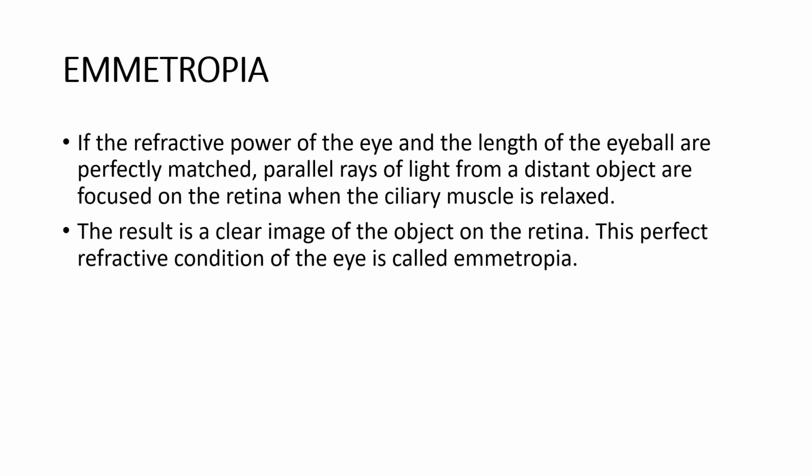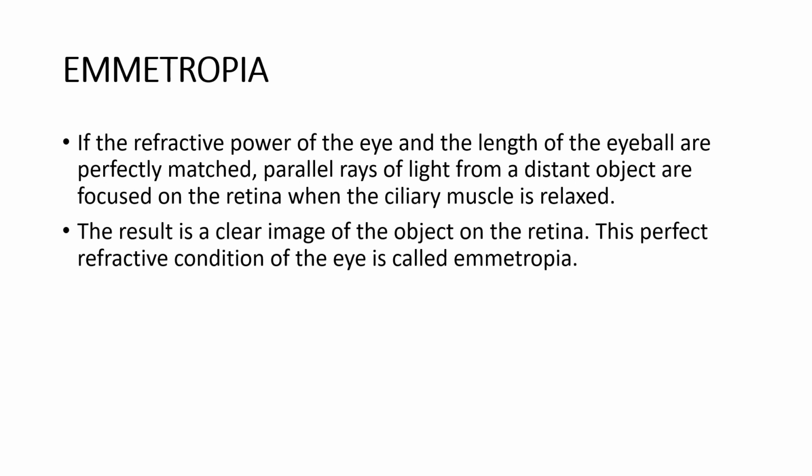So if the refractive power of the eye and the length of the eyeball are perfectly matched, parallel rays from a light source from a distant object are focused on the retina when the ciliary muscle is relaxed. The result is then a clear image of the object on the retina.